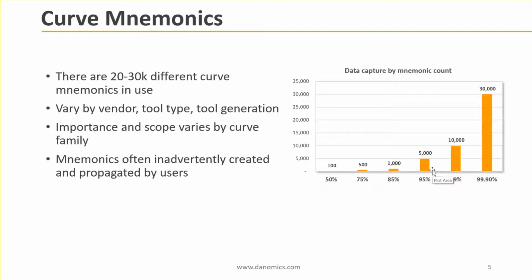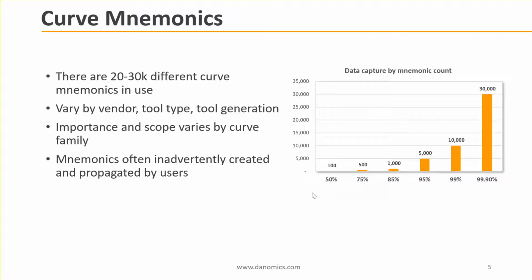So things like your standard triple combo, so gamma ray, medium, shallow, deep resistivity, a micro resistivity, neutron density, PE, plus a sonic curve, plus caliper, etc. So it starts to take a significant effort to capture upwards of 95% of your data.